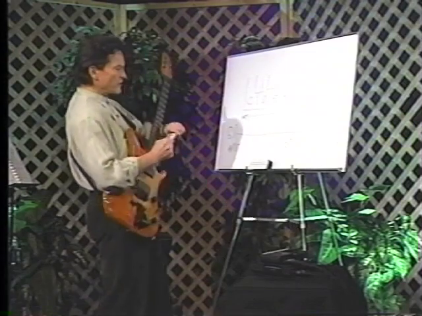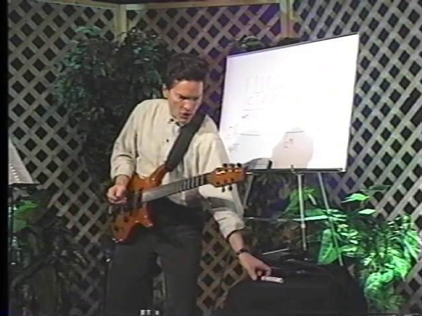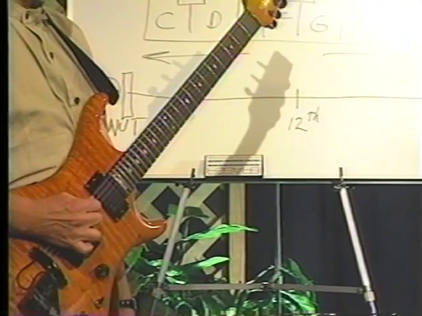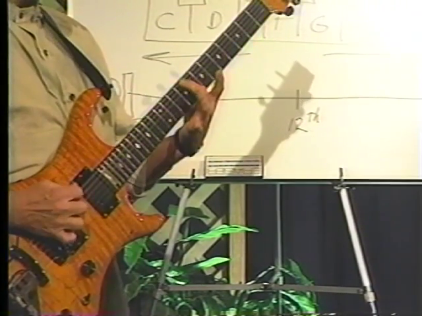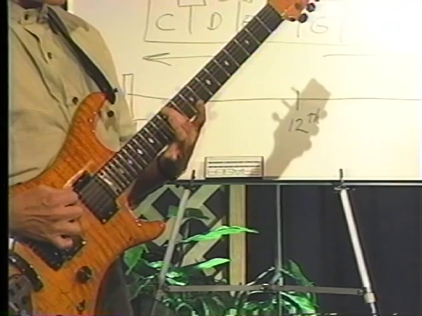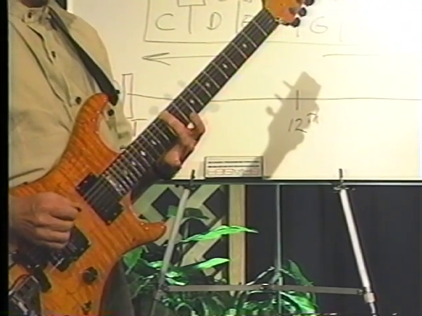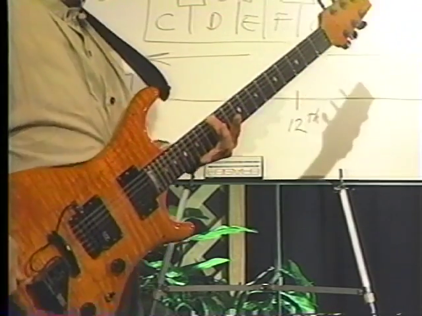Now, having said that, it's more easily heard that when we play the 6th string open and we go to the 12th fret of the 6th string, it's the same letter E, but it's 1 octave higher.